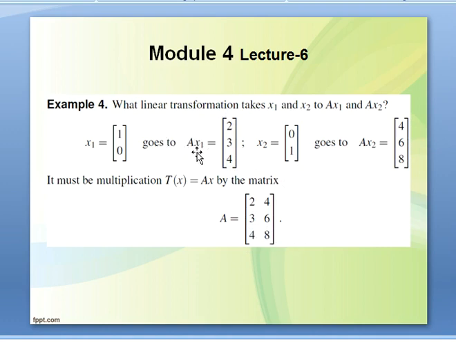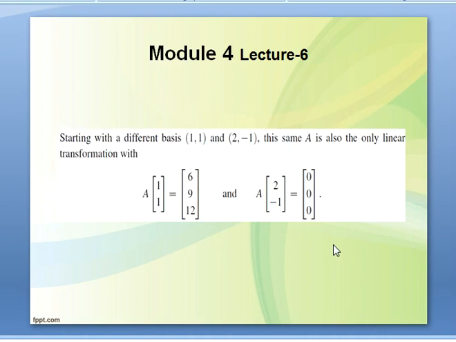That's it, Ax1 and Ax2 are these. So when A is given and x1 and x2 are given, it will not be hard to find this. I hope there is no confusion. We can just write A and the column vector and go for multiplication. We know row into column, so we get these values.